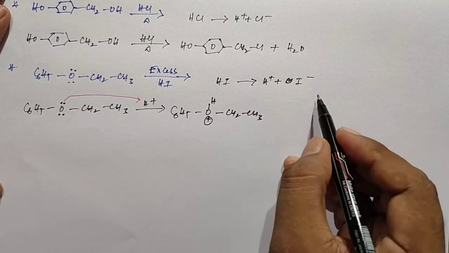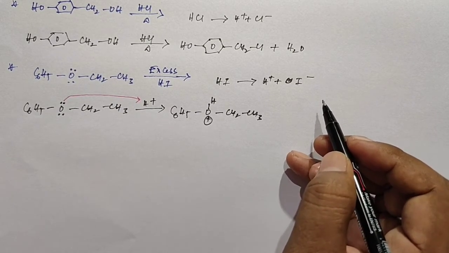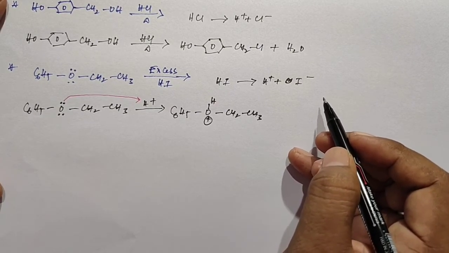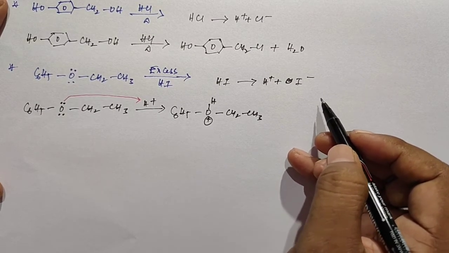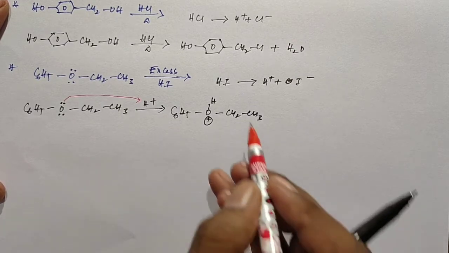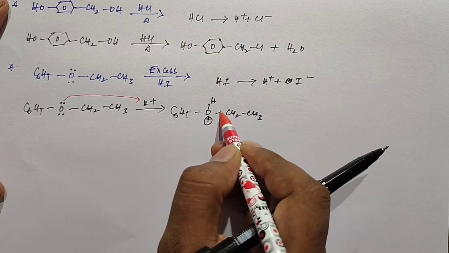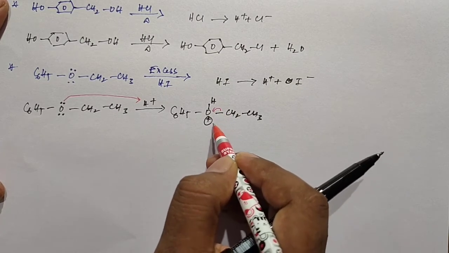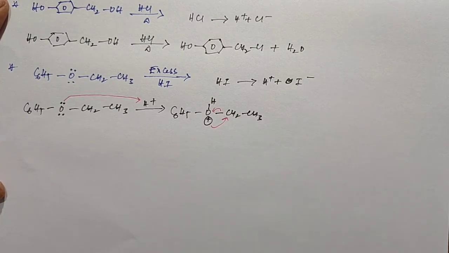After that, the sigma electrons can shift. When I see this intermediate, shifting of sigma electrons is possible. These sigma electrons shift towards the oxygen as a lone pair, and the positive charge shifts toward the carbon.